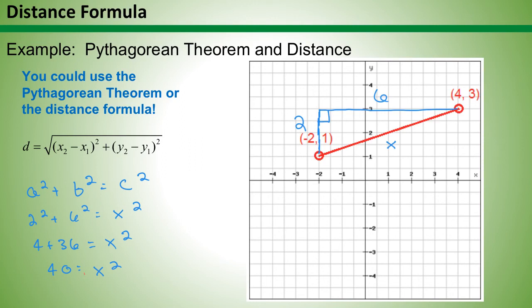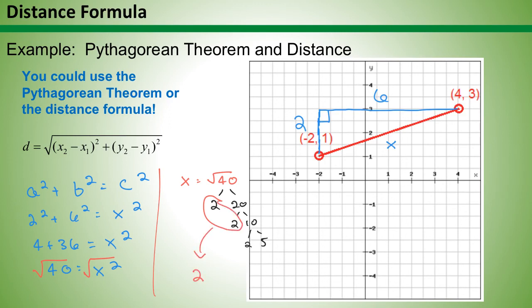So then I just need to take the square root of both, and we end up here with x is equal to root 40, okay? Then I just need to simplify. So if I break that apart, I've got 2 and 20, 2 and 10, 2 and 5, okay? So these 2's pair up and come outside, okay?